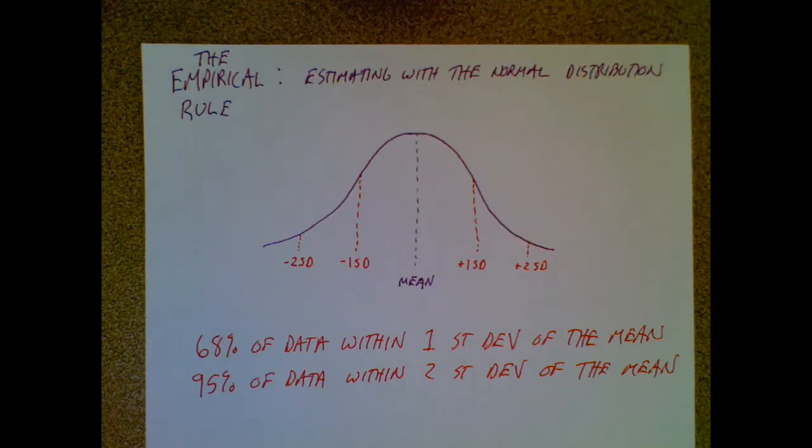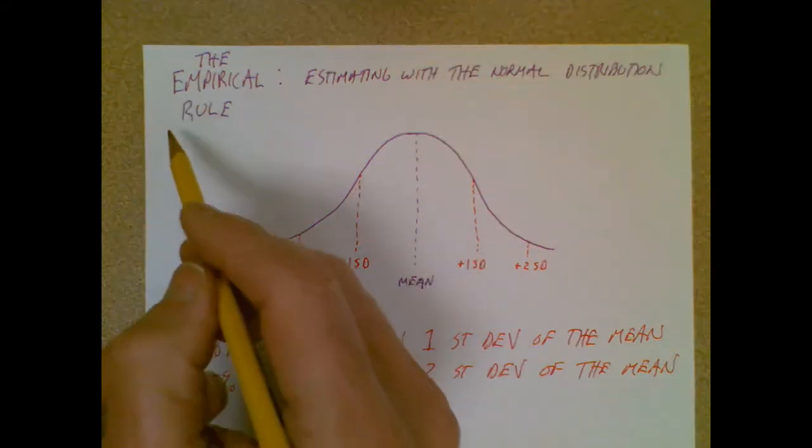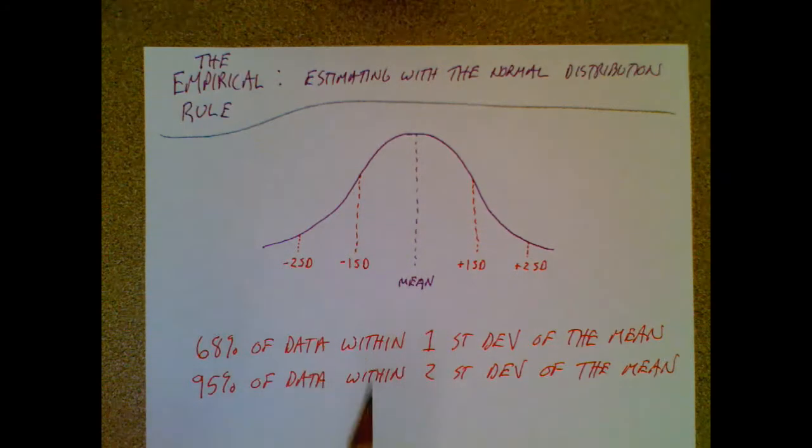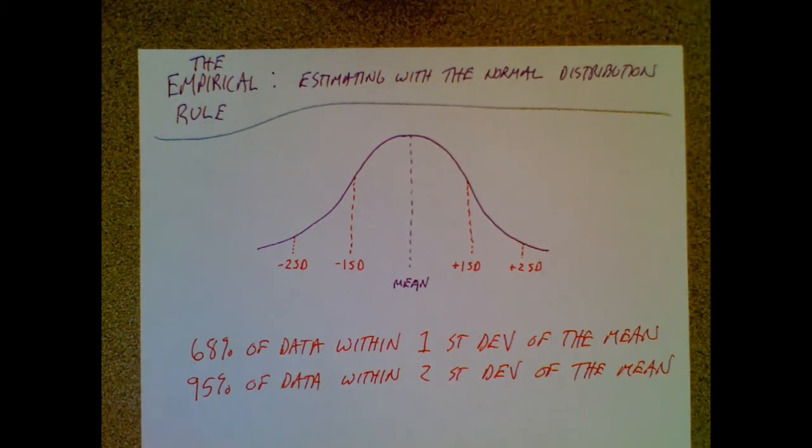Now, since many things in the world follow the normal distribution, the math people have come up with the empirical rule, which is a way for you to estimate with the normal distribution. And the empirical rule goes like this.